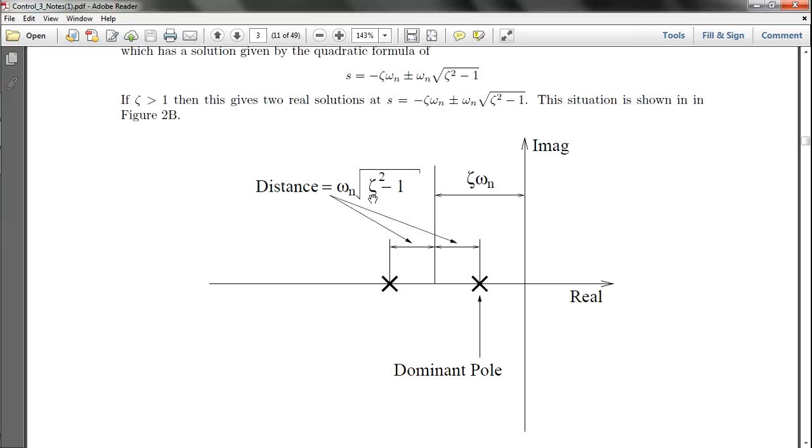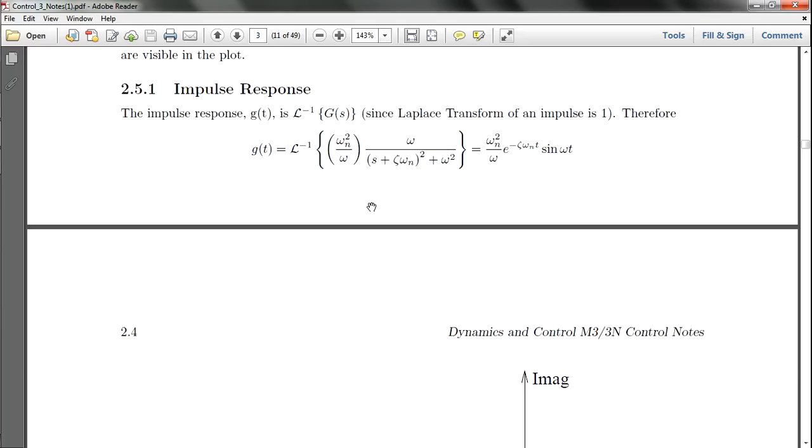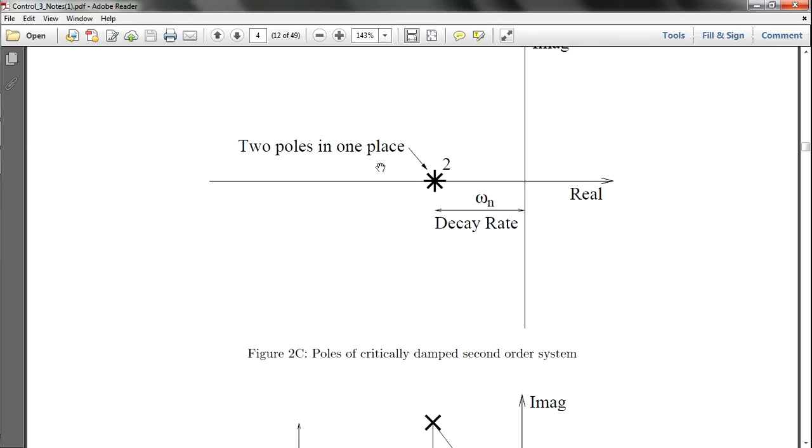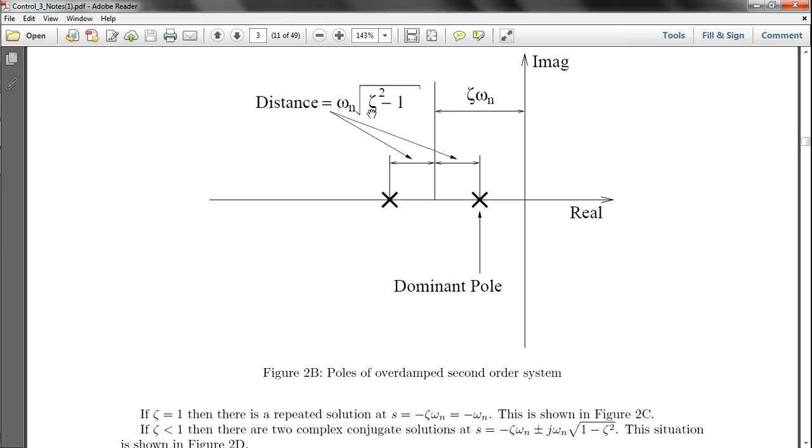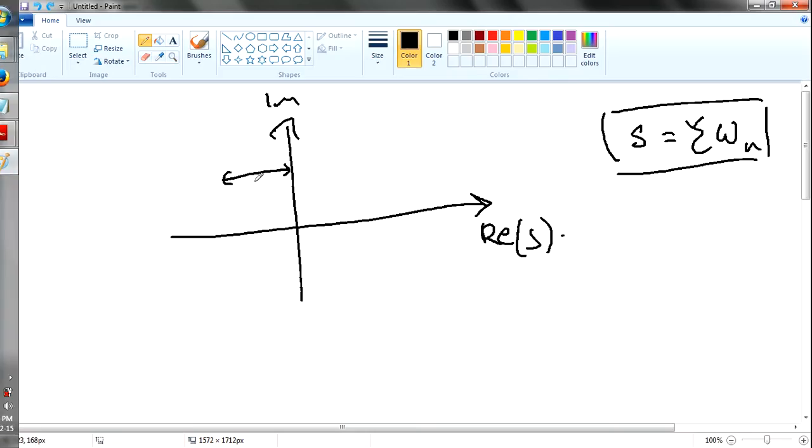But if this is 1, the distance between them is 0. This is why it explains two poles in one place, because as your damping factor gets near to 1, maybe 1.001 minus 1, the poles are moving.